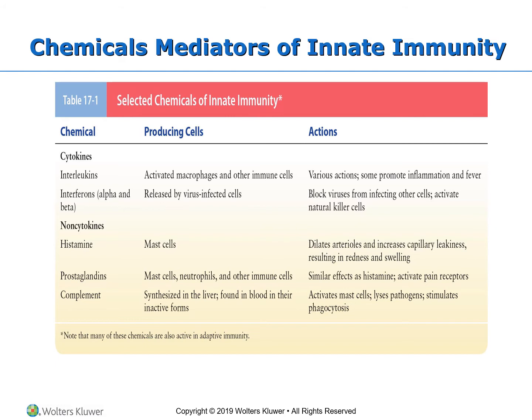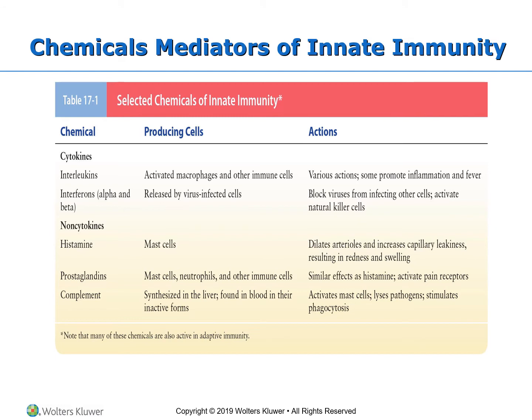Histamine is another chemical that is released from the mast cells. Mast cells will throw it out there, and as a response to that, the histamine will dilate the arterioles and will increase capillary leakiness. When I say leakiness, it means that it will increase the pores in between the cells of the capillaries, allowing the white blood cells to have a way to escape and go inside the tissue.